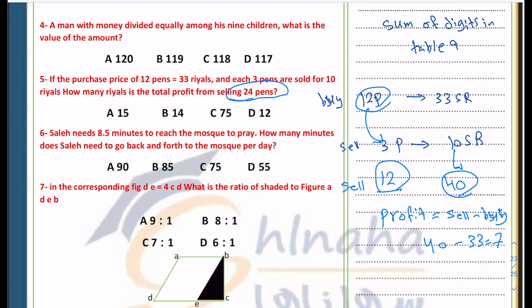So now I have to double the profit. If I sell 12 pens, I will have a profit of 7 riyals. So if I double the amount, I will double the profit, and my profit will be 14 riyals.